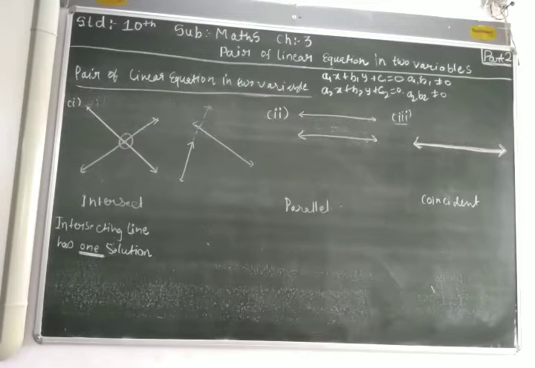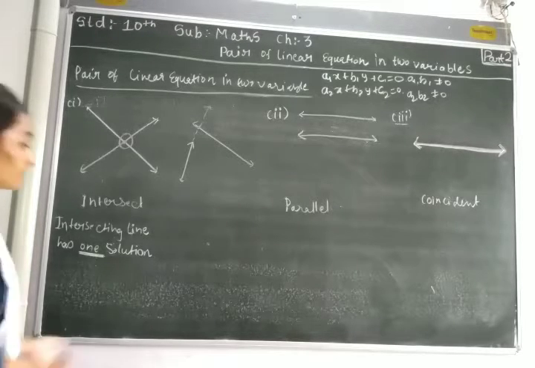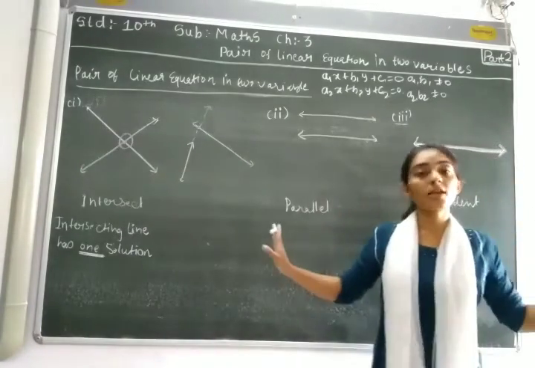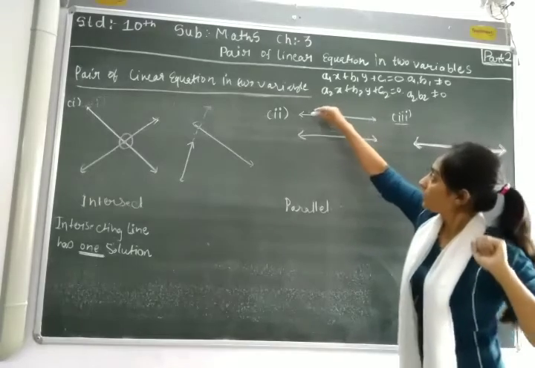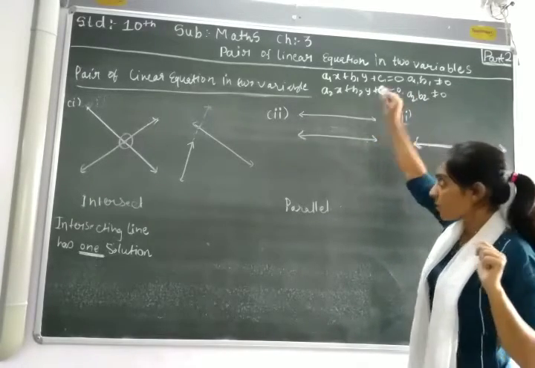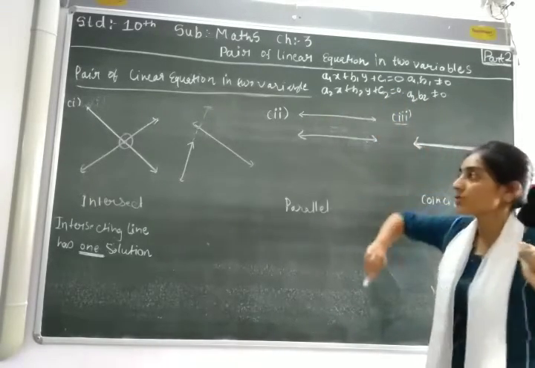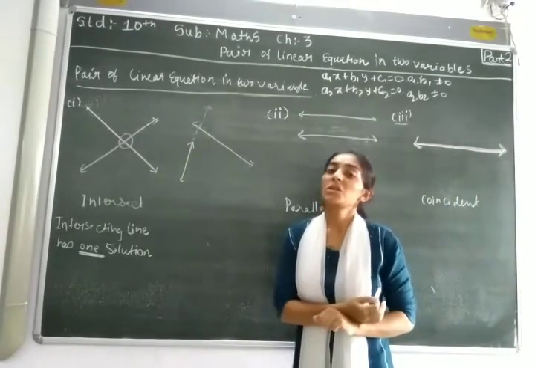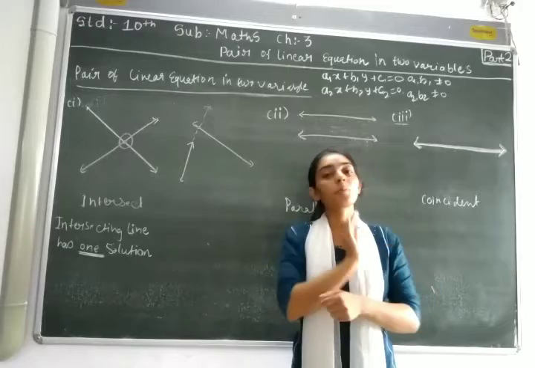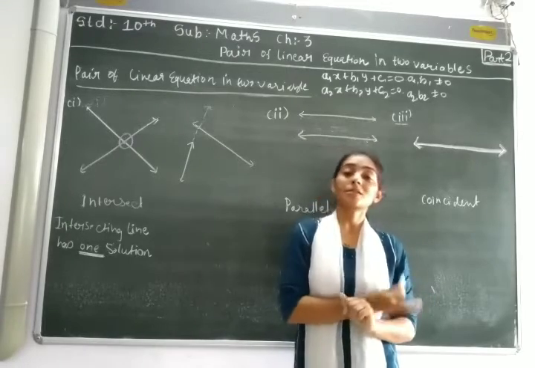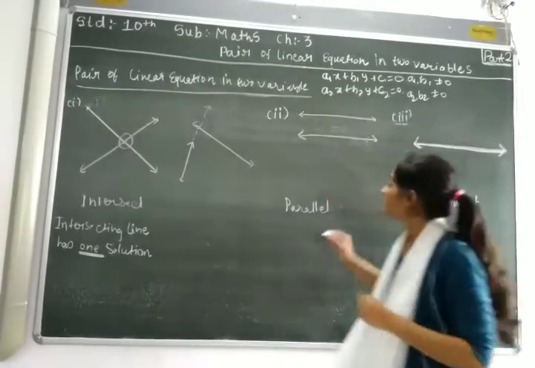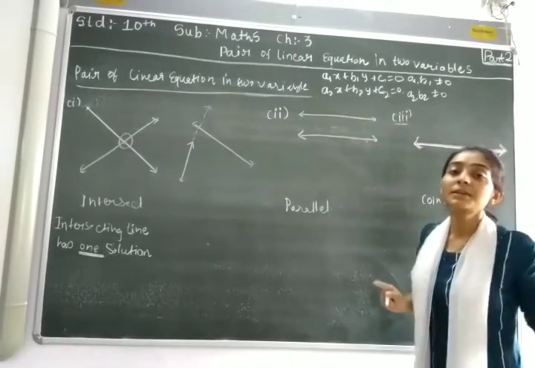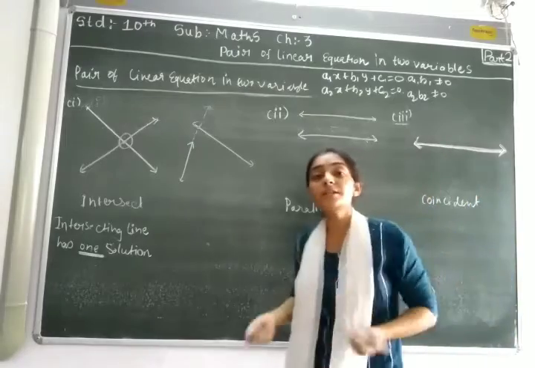Now look at the second one, parallel lines. It means they have their own solutions. This line has its own solution, and this line has its own solution. What is common over here? Nothing is common, they are only parallel. When you extend both the lines, they will never intersect each other.